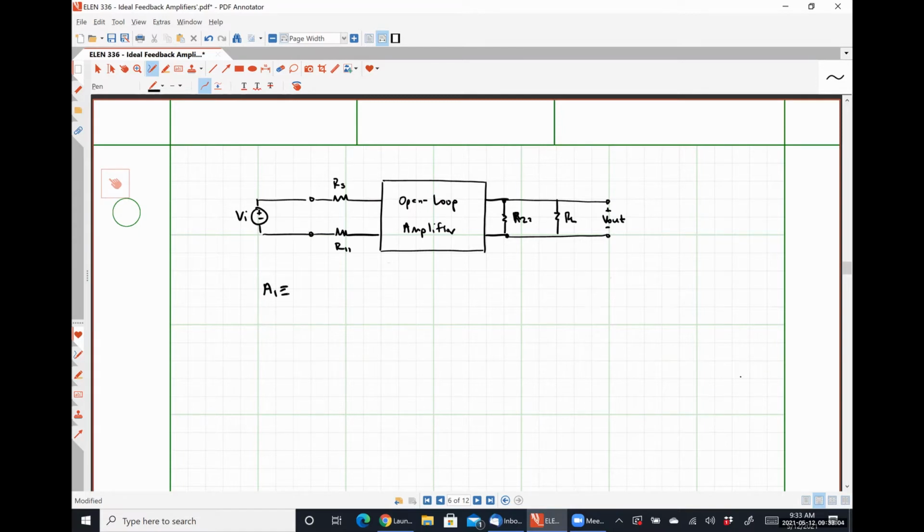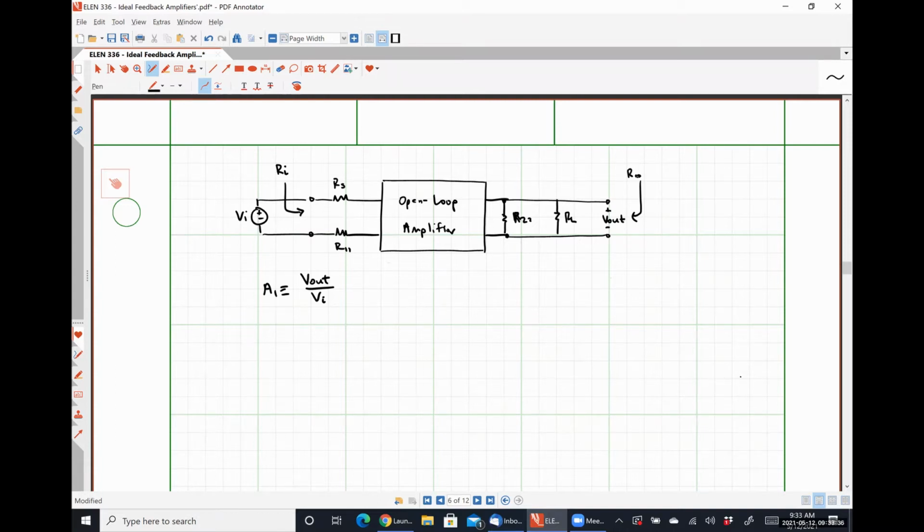A1 will be, by definition, Vout divided by our applied voltage VI. We can also use this circuit to determine our open loop input resistance, which I've labeled here as RI, and our open loop output resistance, which I've labeled as R naught.